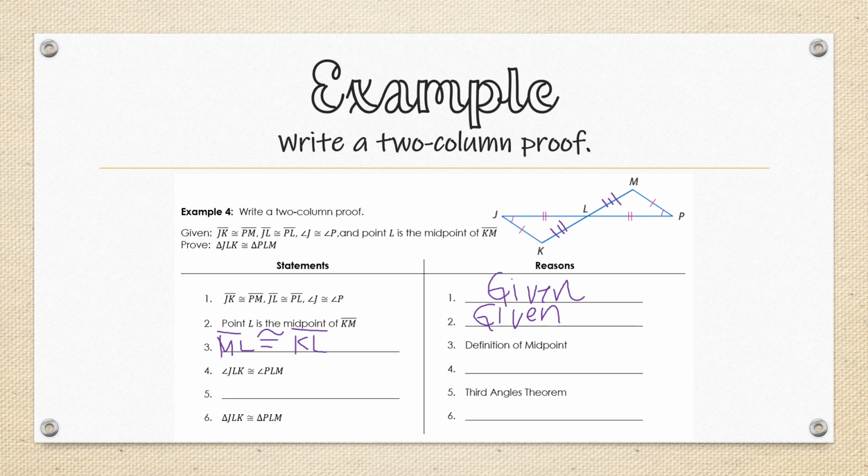All right, so what we do have in the shape, anytime you see this kind of bow tie looking figure, you're going to have vertical angles. Remember, vertical angles are the angles opposite one another. So in this case, that would be angle JLK and angle PLM. Those angles are going to be congruent because they're vertical angles, or the vertical angles theorem.